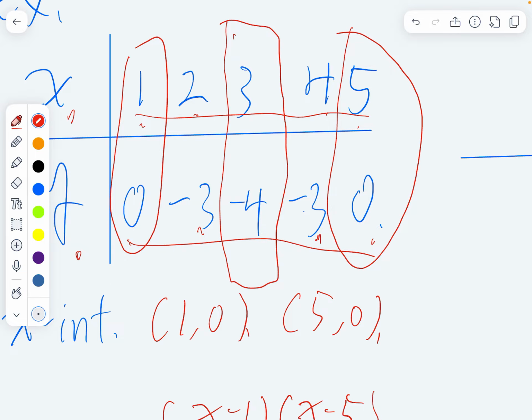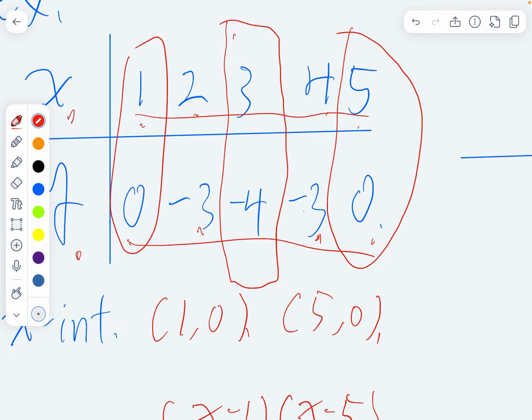Okay, so now we can plug in the vertex to solve for a. a times 3 times (3 minus 5) equals negative 4. So it's going to be 3 times negative 2, times a, equal to negative 4.